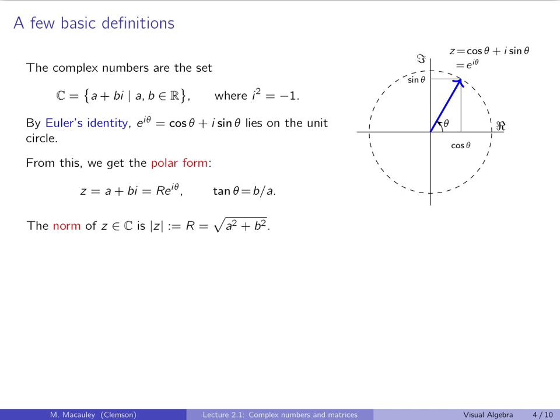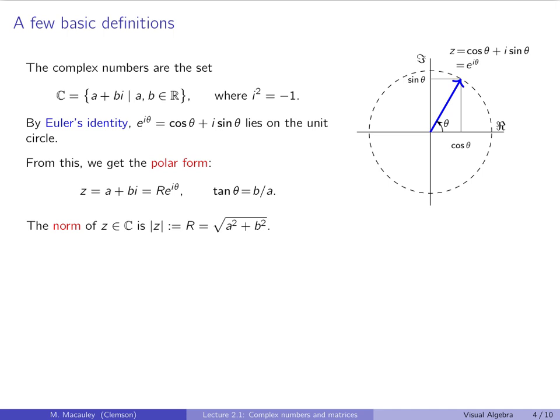By Euler's identity, e to the i theta is cosine theta plus i sine theta, and that lies in the unit circle. So e to the i theta has real part cosine theta, imaginary part sine theta, and because cosine squared plus sine squared is 1, this lies on the unit circle, and some basic trig tells you that this angle is theta.